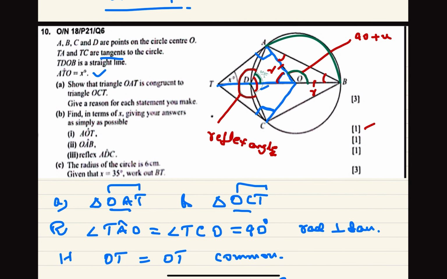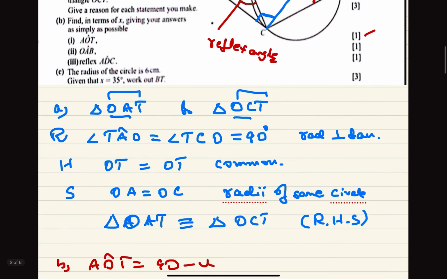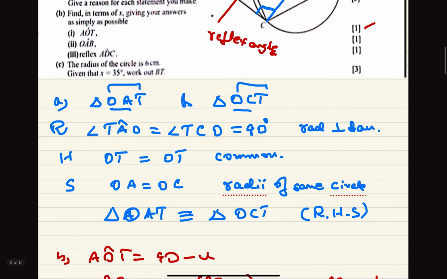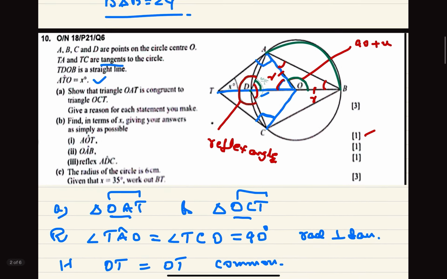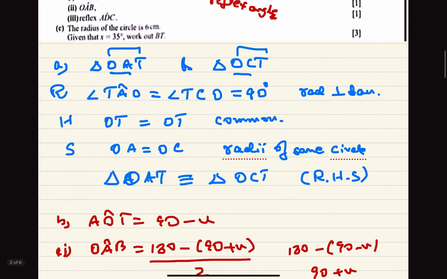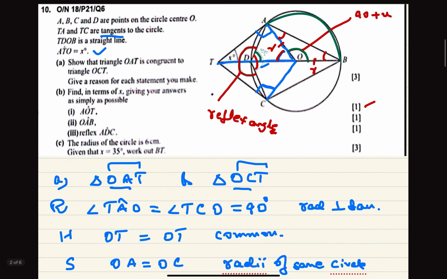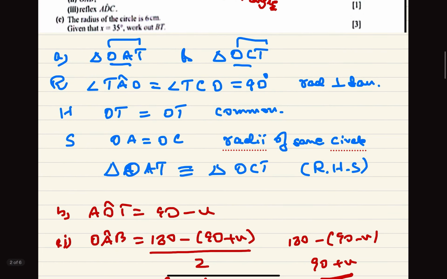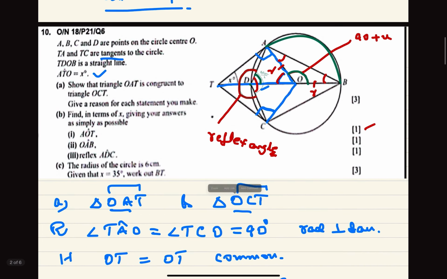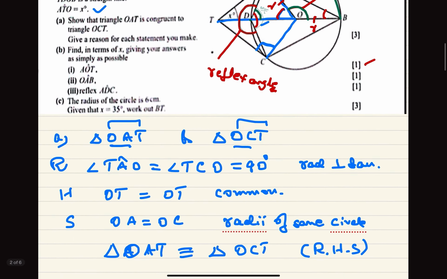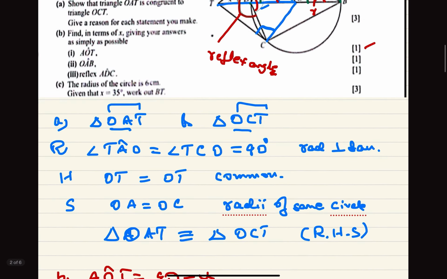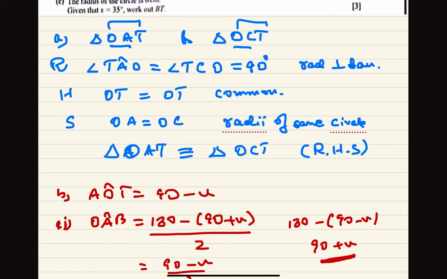What we have done, we have proved it. The first answer is AOT. We find out AOT is 90 minus x, and that is correct. And AOB is 180 minus 90 minus x, so 180 minus 90 minus x is 90 plus x.